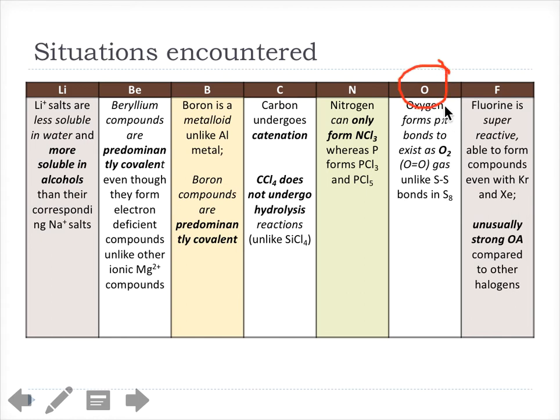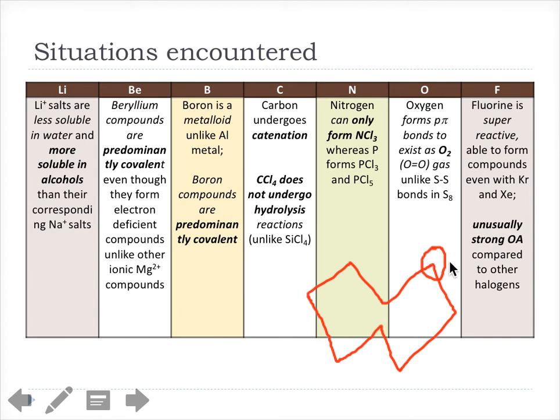Oxygen forms p-pi bonds and exists as O2. However, sulfur doesn't. Sulfur does not form S2. Instead, it forms S8. Now, S8 has this kind of structure, where every corner is a sulfur atom.